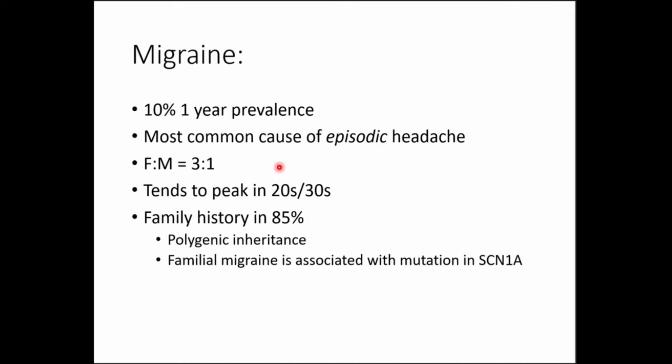However, in some people who have familial migraine, it tends to be associated with a mutation in something called the SCN1A, which is the alpha-1 subunit of PQ type voltage-gated calcium channels. It's also a nice thing to know that the word migraine is derived from the Latin word for hemicrania, meaning half skull.